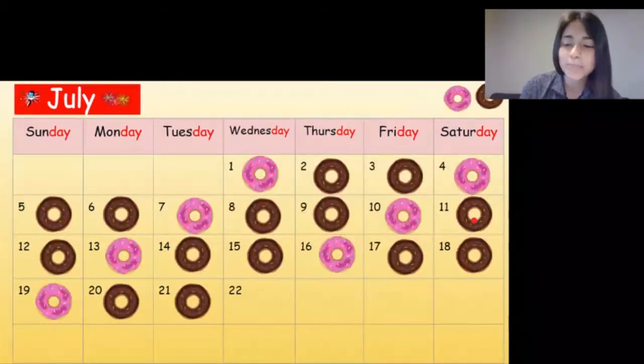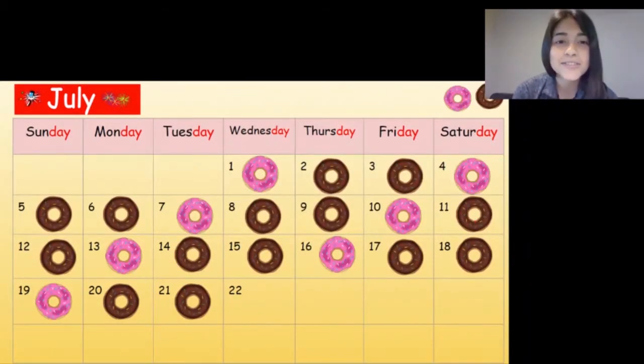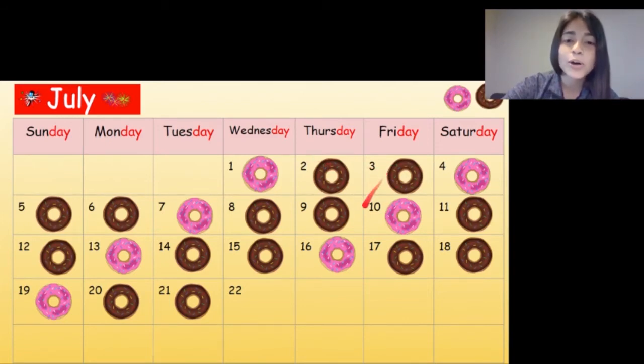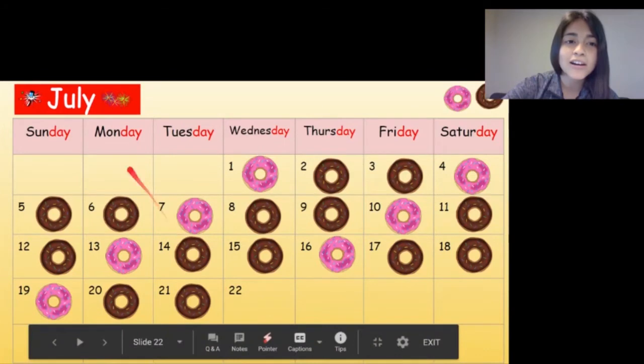And now we're going to move on to our patterns. Do you know or do you remember our pattern here? Yeah, we have pink and then brown, brown, or A, B, B. Do you know what donut is going to come next on Wednesday, July 22nd, or today?